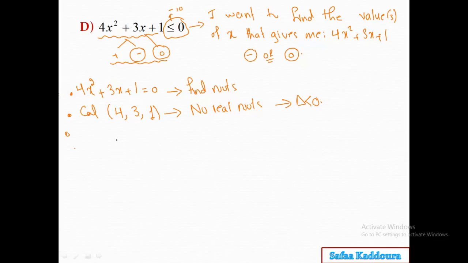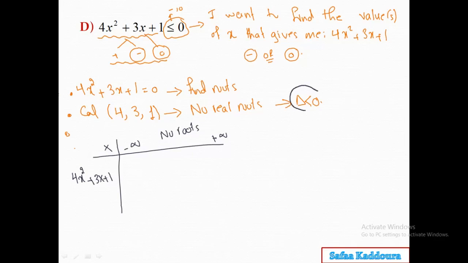Now I will draw the table of signs. X from minus infinity to plus infinity. I have no roots to write. And the function I want to study is 4x squared plus 3x plus 1. Because delta is negative, in the table we will put the same sign as a. A is the coefficient of x squared. A is positive, so it is positive.